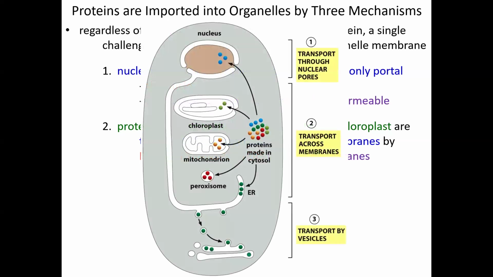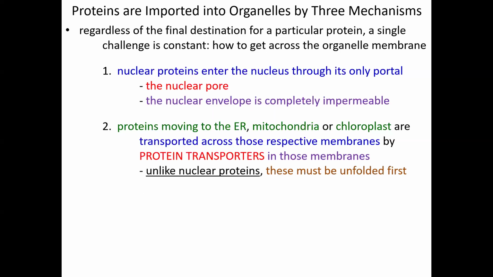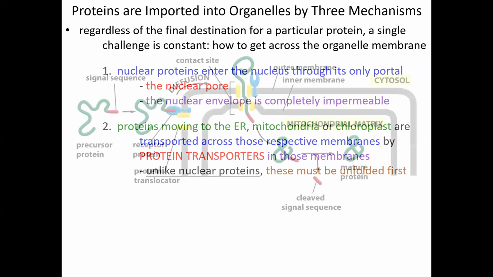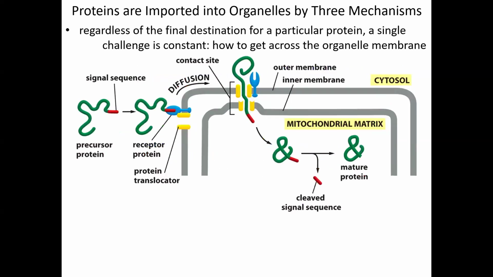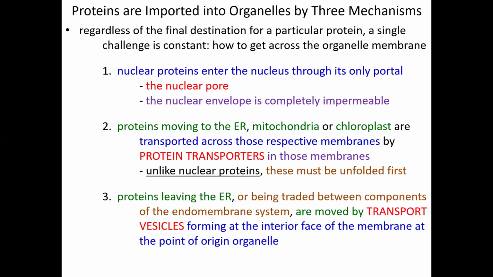So that's your second strategy, protein transporters. For protein transporters, because these are fairly narrow channels, essentially, channels with moving parts, the only way that a protein can be moved through a transporter is that it has to be unfolded into its primary structure. It has to be just a straight chain of amino acids. So proteins can get into the nucleus fully folded. Proteins have to be unfolded and threaded through protein transporters.